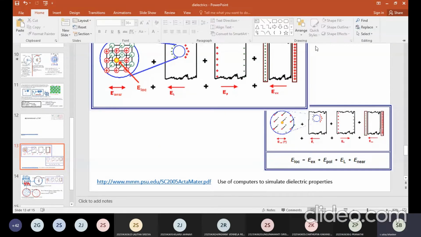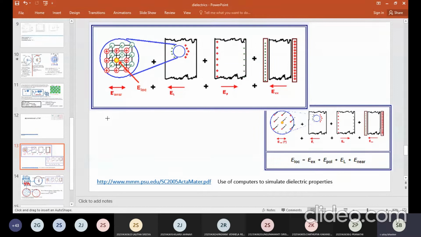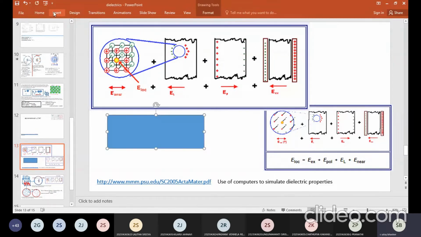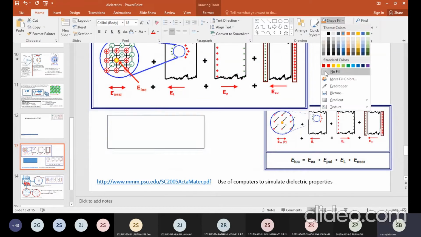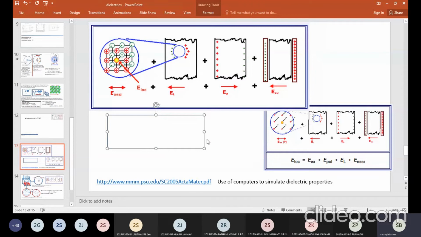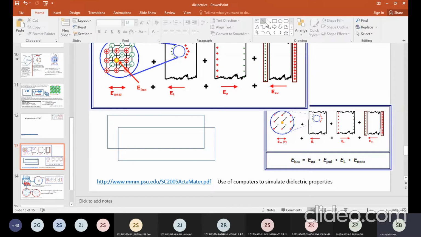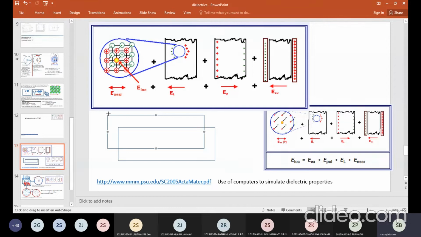Now what I am trying to do is give you a dielectric here. Whatever I'm drawing, observe. I am talking about a dielectric. So this is my dielectric. It is basically neutral, because no external field is applied.